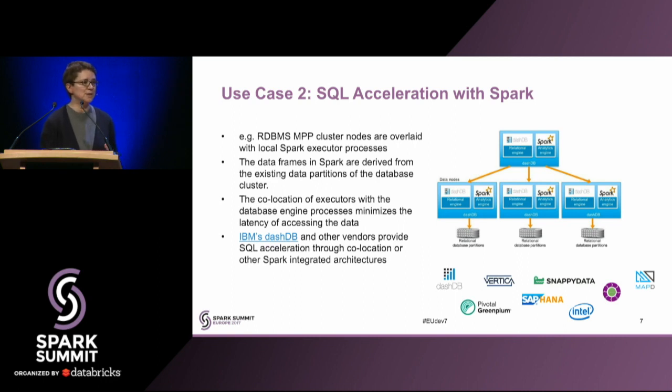In addition to enhanced SQL capabilities, the collocation of the data executors with the database engine processes will minimize the latency of accessing the data. IBM Db2 and other vendors provide SQL acceleration through collocation or other forms of Spark-integrated architecture.